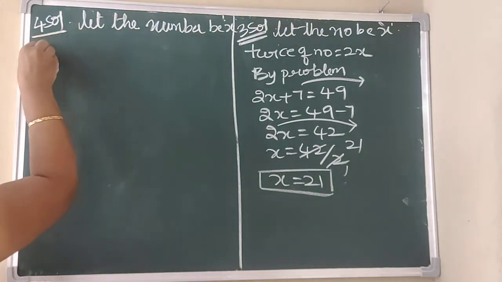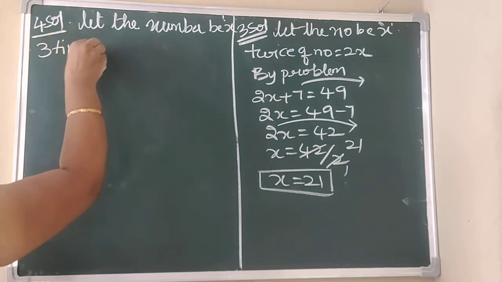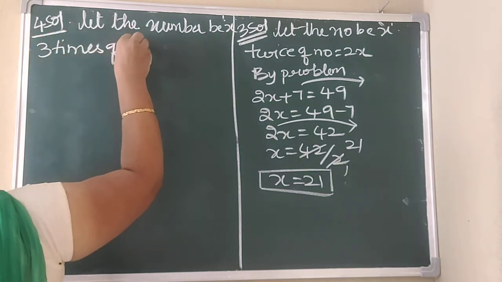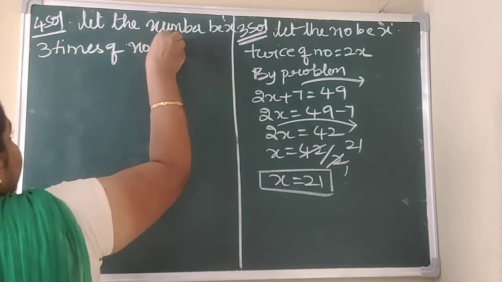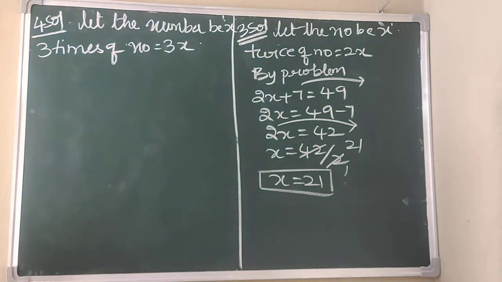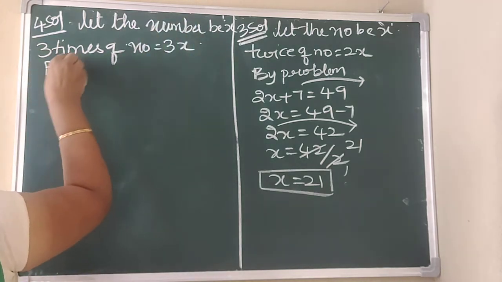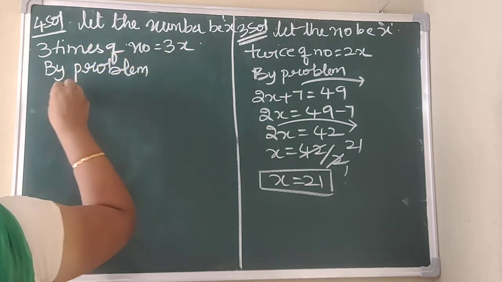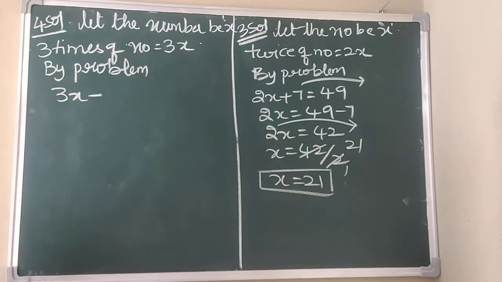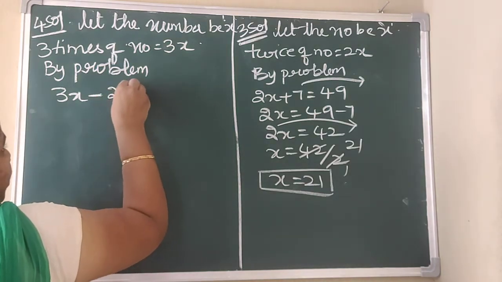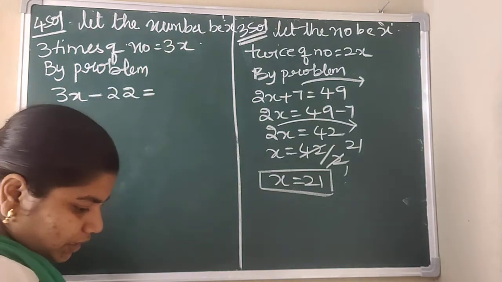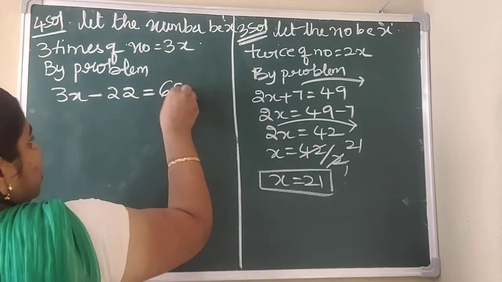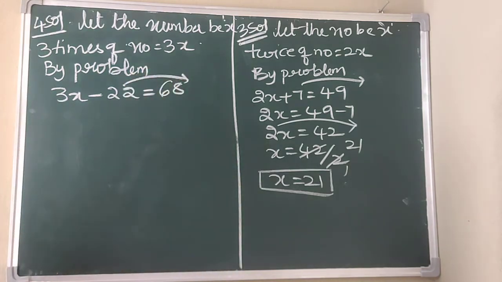So 3 times of a number. What do you mean by 3 times of a number? That will be equal to 3x. So by the problem we can write 3x minus, they are telling us to subtract, so 3x minus 22 will be equal to, what is the result? The result is 68. So transpose minus 22 to the other side, that will become plus.